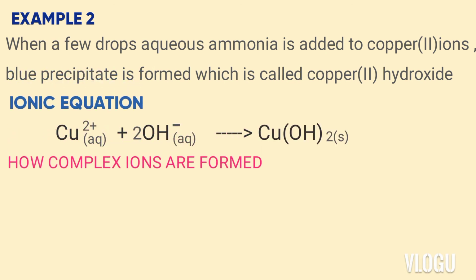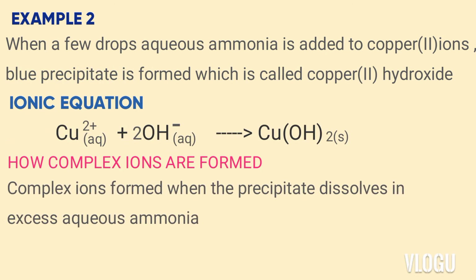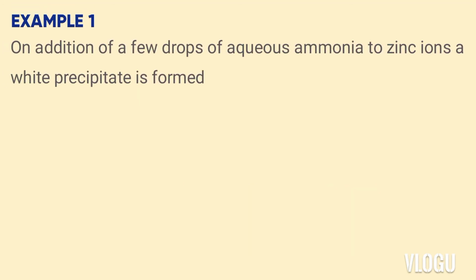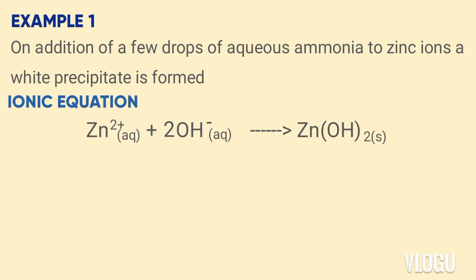Now we look at the complex ions formed when precipitate dissolves in excess ammonia. Example 1. On addition of a few drops of aqueous ammonia to zinc ions, a white precipitate is formed. Ionic equation shown below.